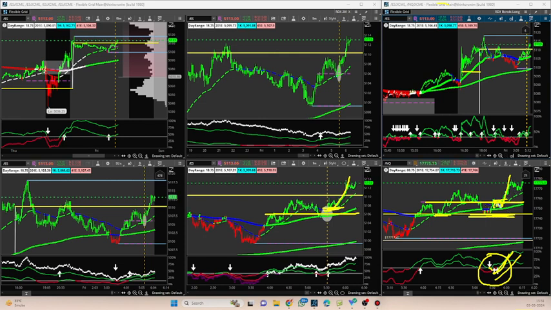The other aspect of NQ, which I have learned over a period of time, is how the price ladder works on NQ.